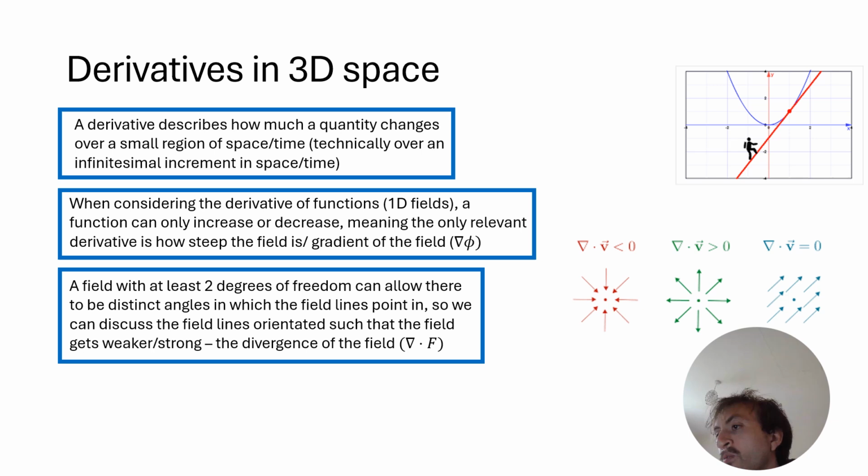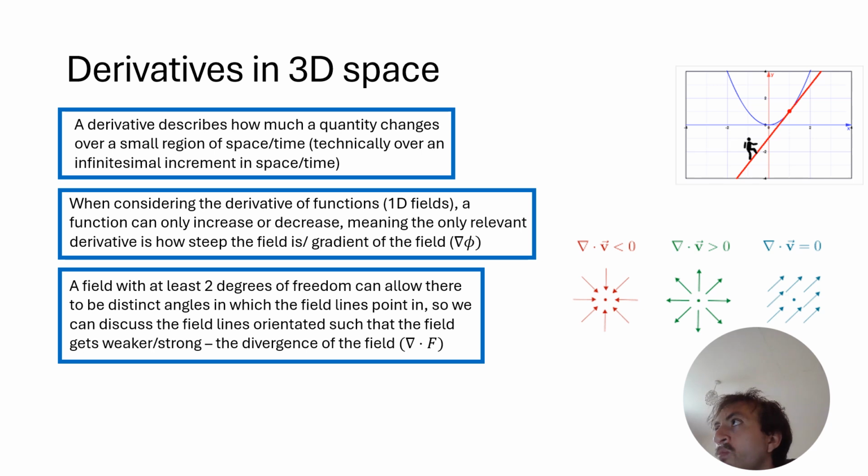For these next two types of derivatives, we need to consider something called field lines. At each point in space, if we've got a field, we can consider how strong that field is, and we can also consider what direction that field is pointing in.